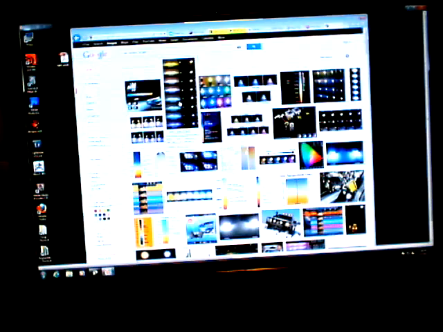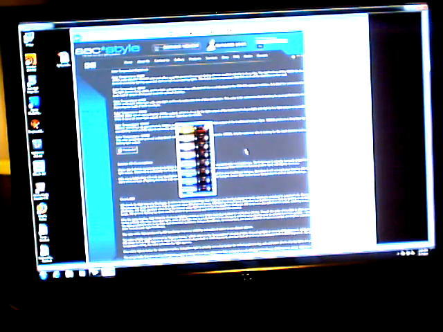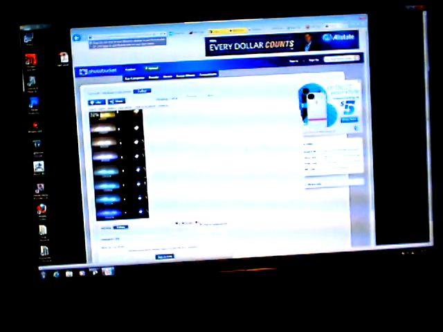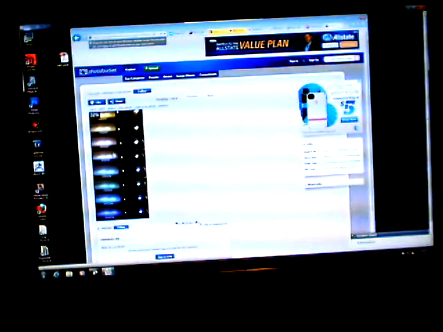So something like this is probably good. If you look at this picture, ignore all this other stuff that's going on, somewhere around here is going to be neutral. Anything underneath here is going to be warmer, and anything above here is cooler.